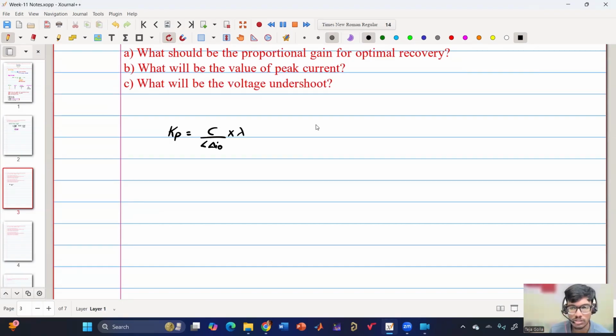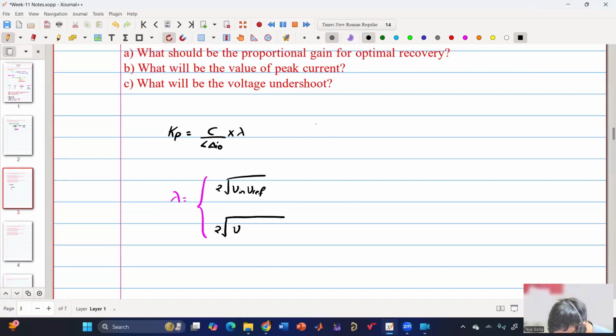So lambda is dependent on step up as well as step down. So lambda has two values, one during step up, one during step down. So lambda is square root of 2 into V in V ref, and then 2 into square root of V in minus V ref into V. So this is for step up, and this is for step down.